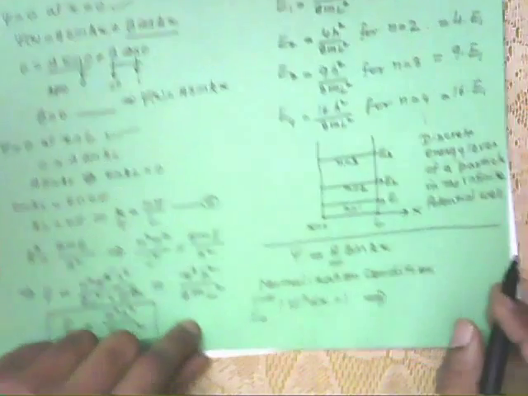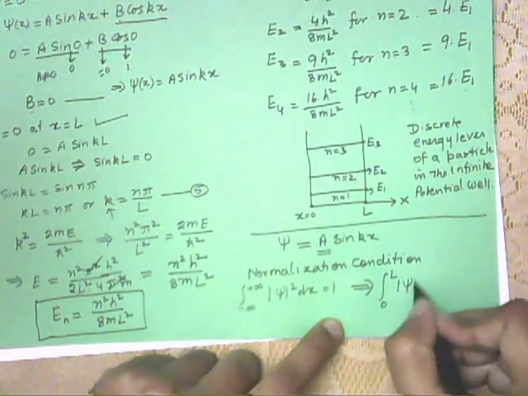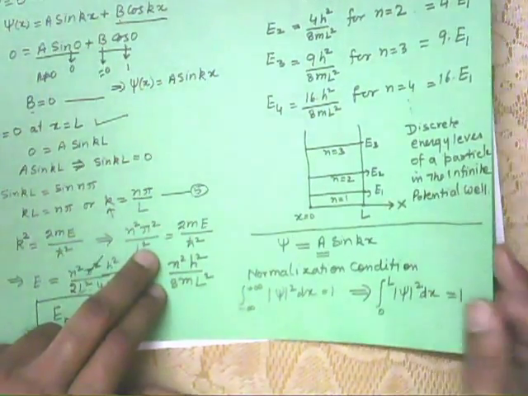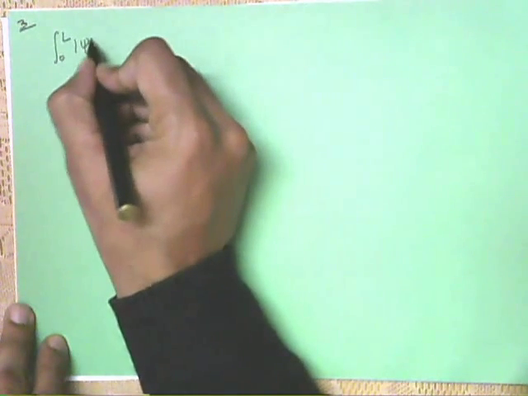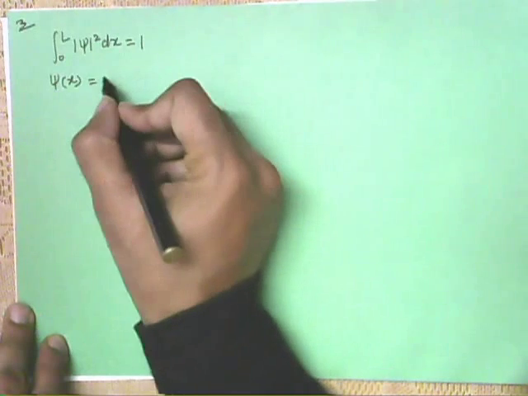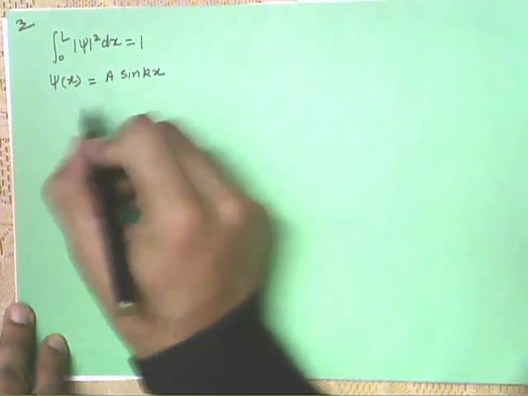In our case the limits are x is equal to 0 to L. Using the boundary condition of our problem, we can write this formula in this way: integral from 0 to L of mod psi square dx is equal to 1, where psi of x is equal to A sin kx, where k is equal to n pi upon L.